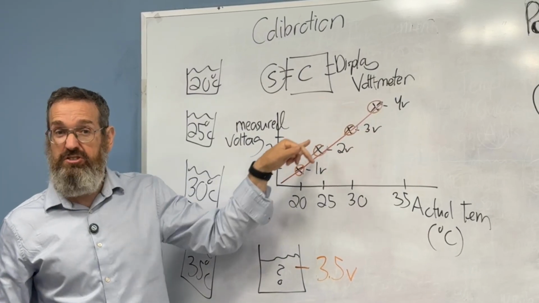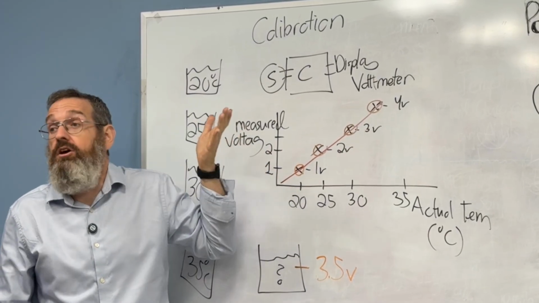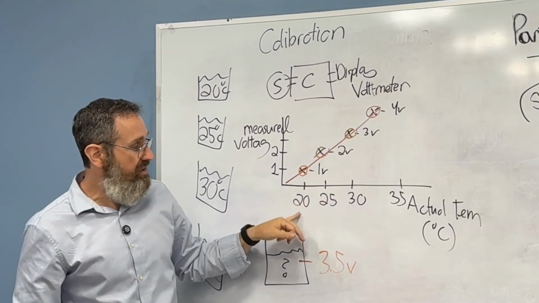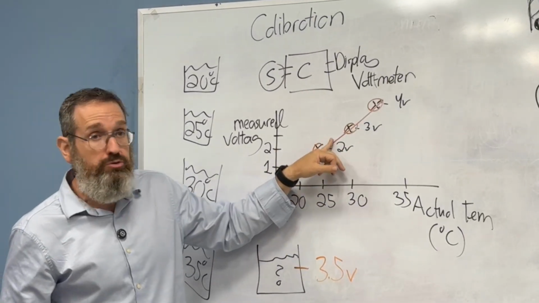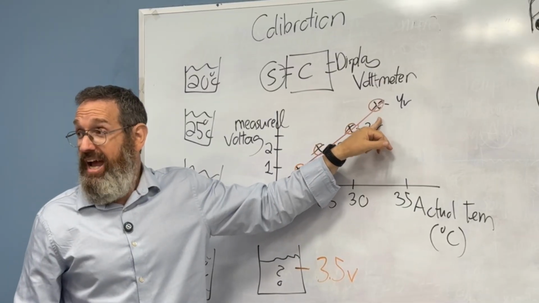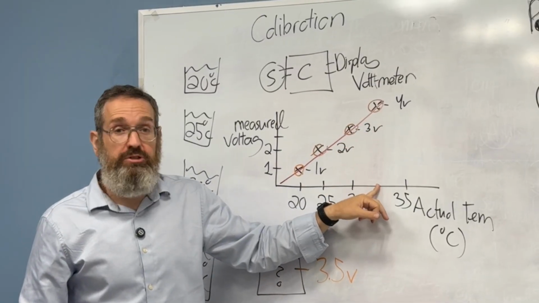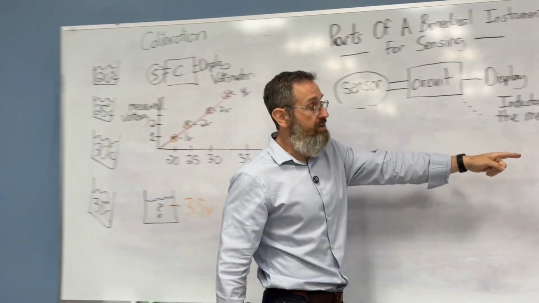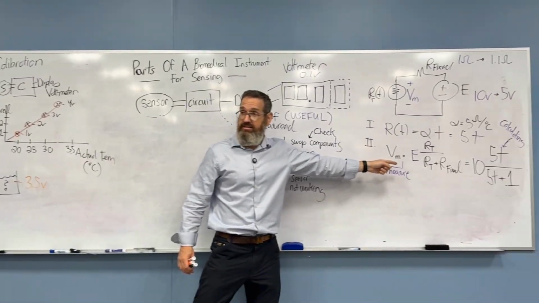Seems like there's a linear relationship here, or another relationship. Once I have this line, for any voltage, I can see what the associated temperature is. I'm not relying on an equation in this case.